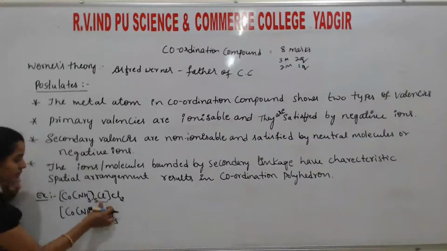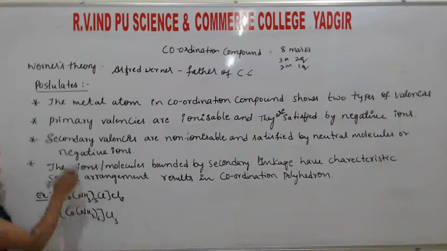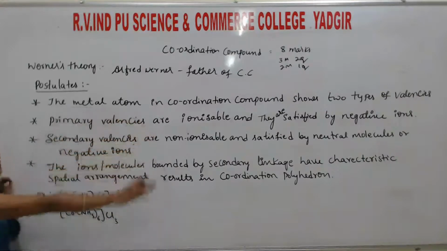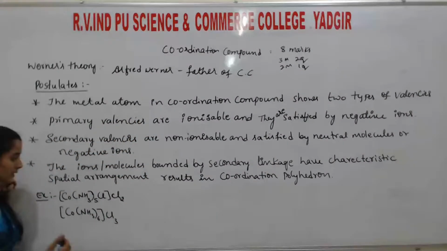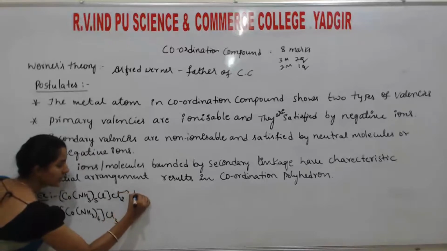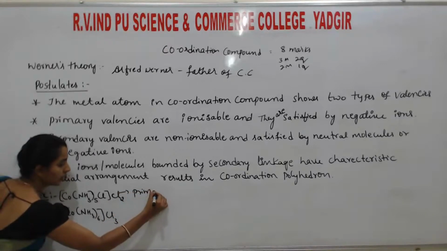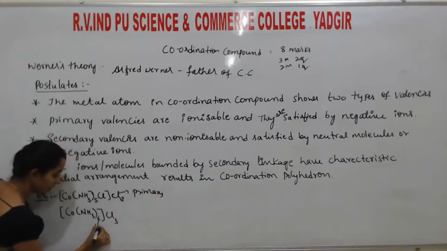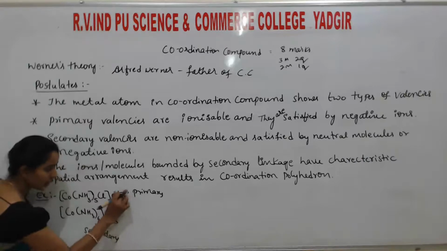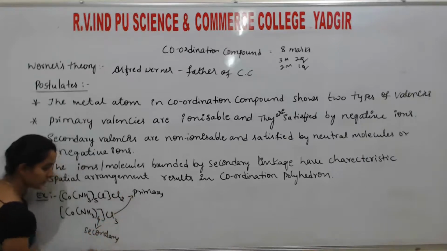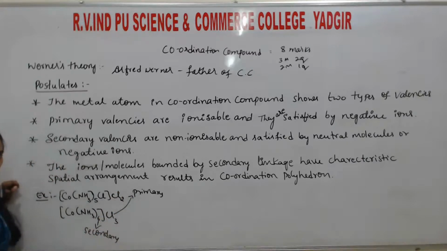Remember this and this. So students, the metal atom in coordination compound shows two types of valency. So this is one valency that is primary. This is another valency that is secondary. Here also this is primary, this is secondary.